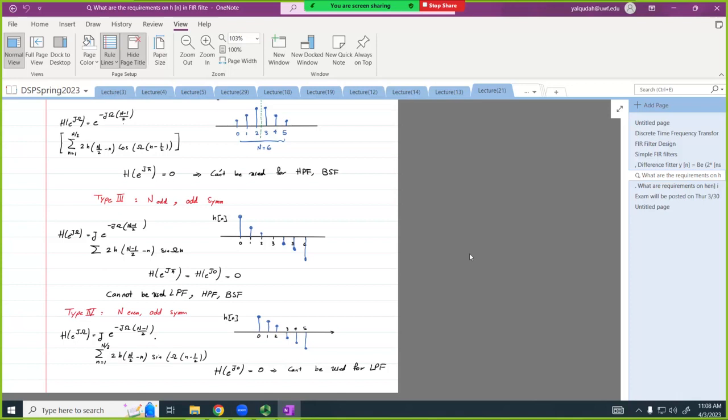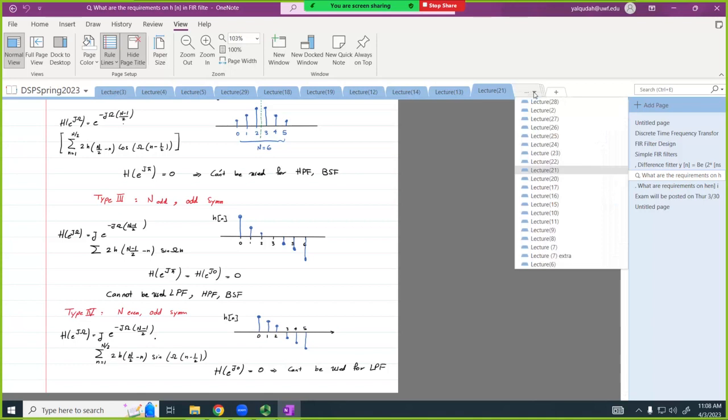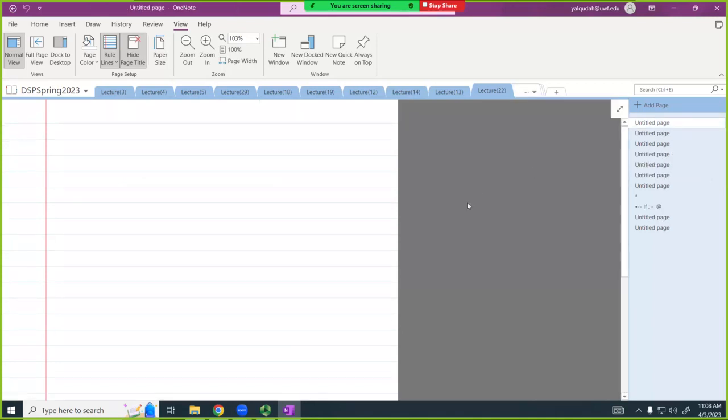So whenever there is an odd or even symmetry, we have a linear phase, which we said is something that we like to have on our filter because it means the filter is not going to suffer from distortion. Okay. So with that, we can look at designing our filter.